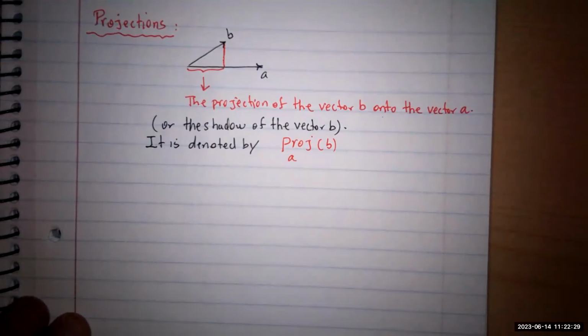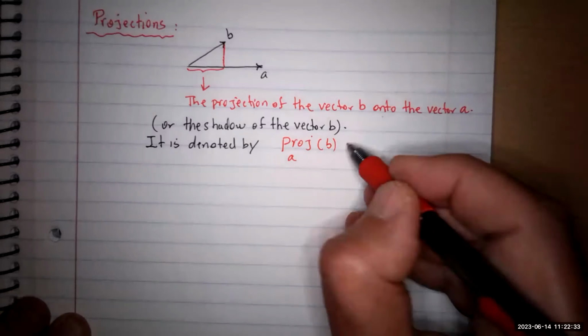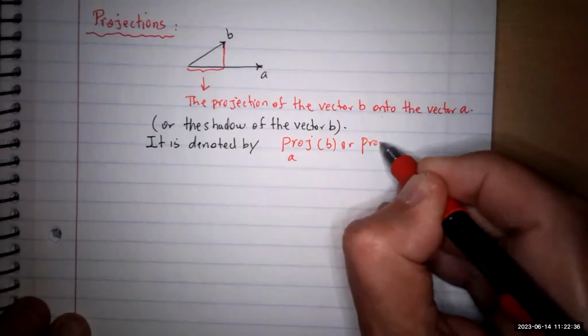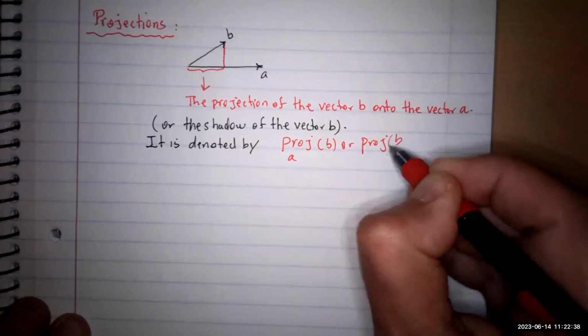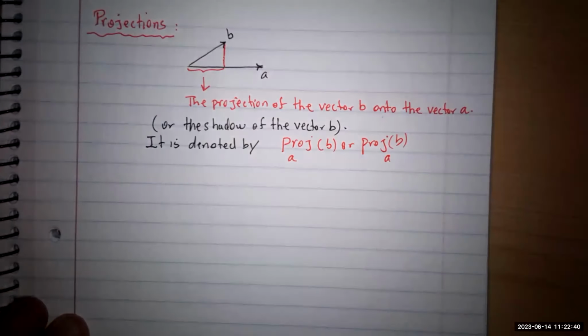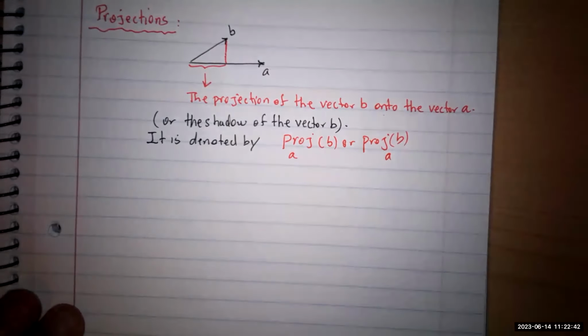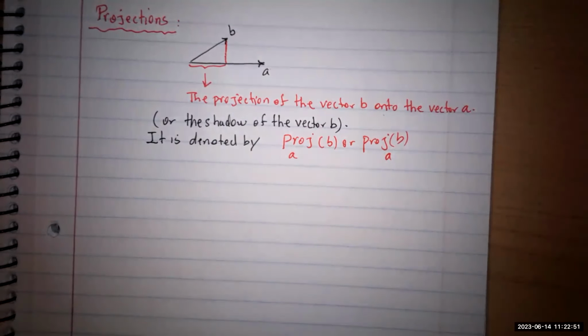Projection of B onto A, or simply B on A. Okay, so the positions are important. You may have a projection of A on B. So make sure you know which one is given to you.